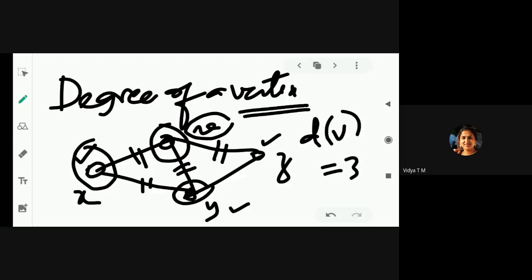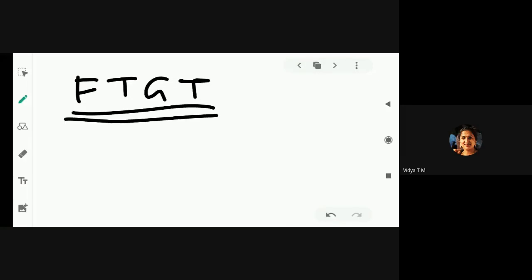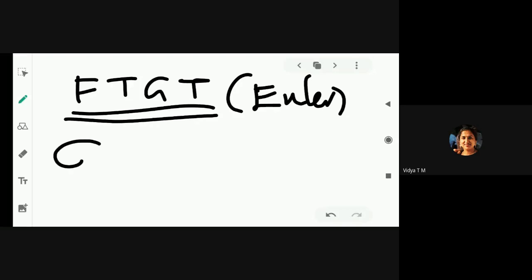Using that, we can have the first theorem of graph theory, also known as the handshaking lemma. It was first proved by Euler. It is even true for non-simple graphs, meaning graphs having loops and multiple edges.